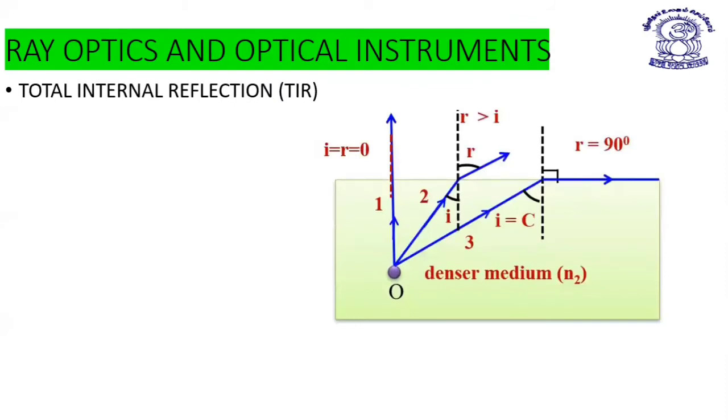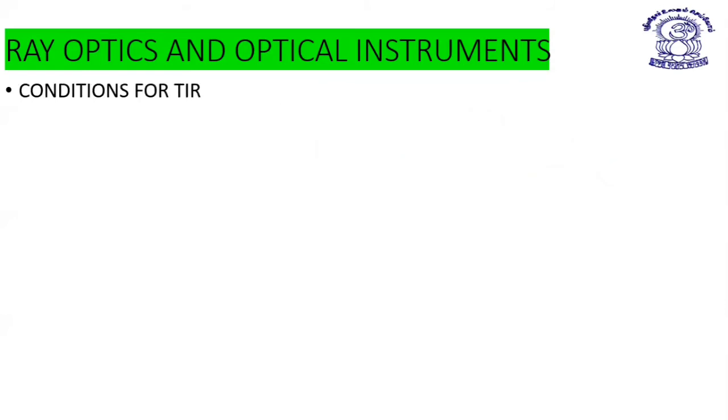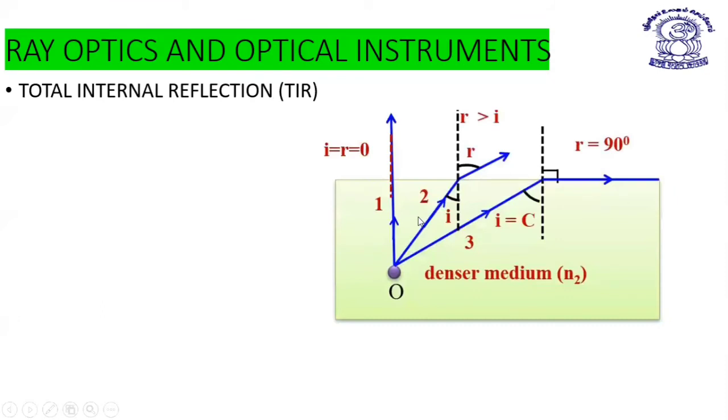Now let us understand the phenomenon of total internal reflection. Whenever a light ray is traveling from a denser medium to a rarer medium, it will bend away from the normal. And whenever light is incident on any surface, some part of the light is reflected, some part is refracted.